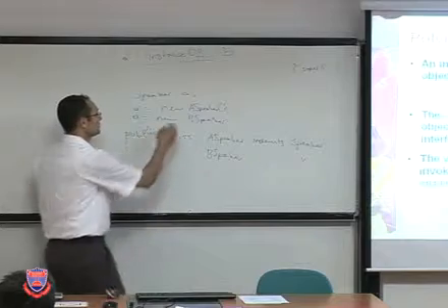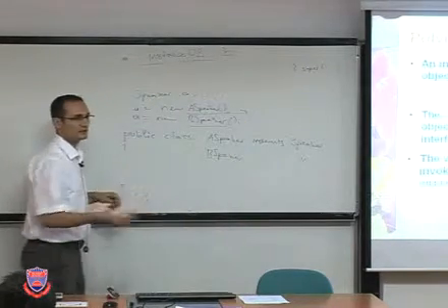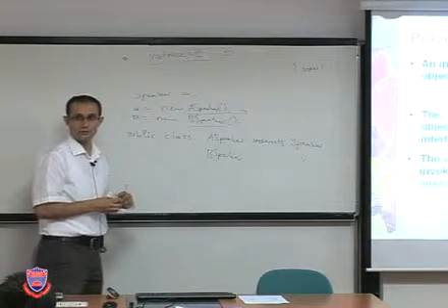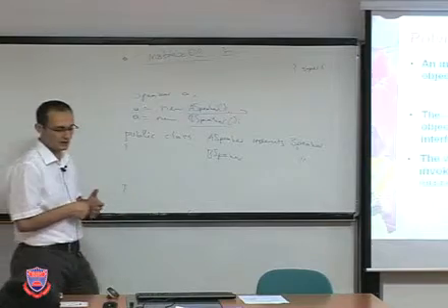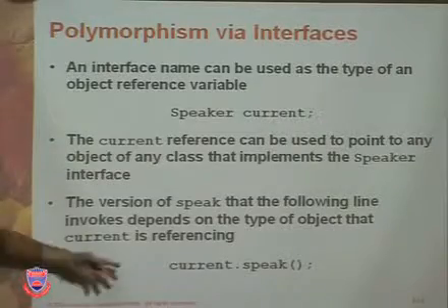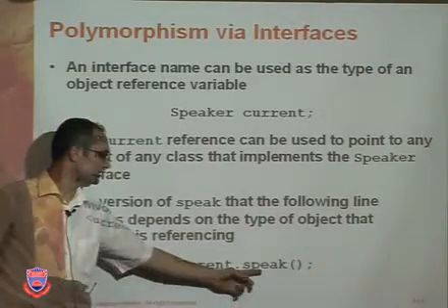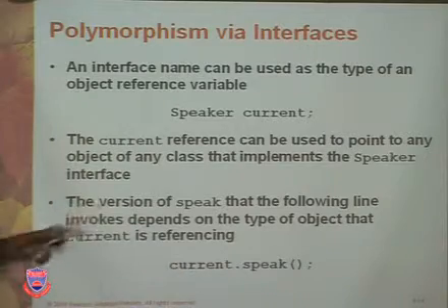In this case, it's going to use A Speaker. In this case, it's going to use the B Speaker's method call. It's exactly the same as inheritance, but instead you are using interfaces. This is also very useful. So same example, if I have current.speak, it's going to refer to the object that it exactly matches at runtime.